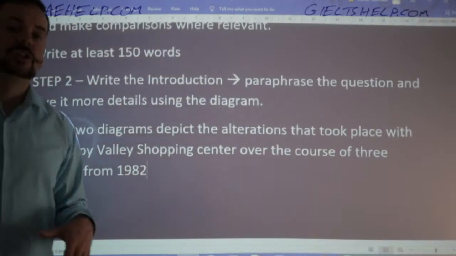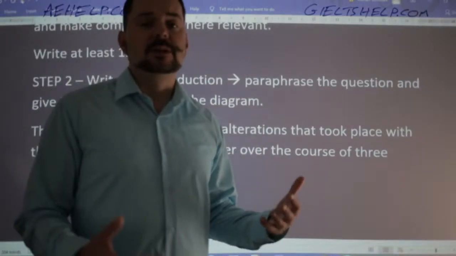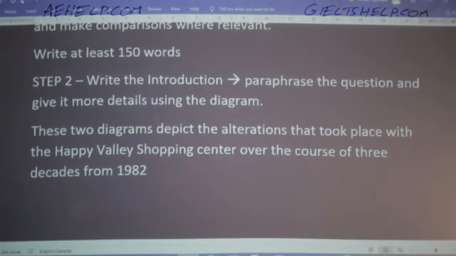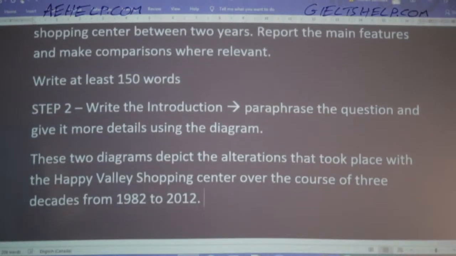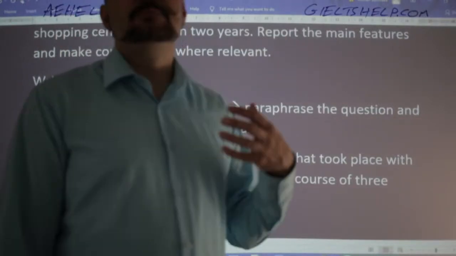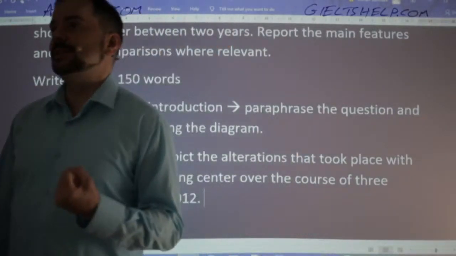Maybe they changed everything all at once. Maybe it was a progressive change. But anyway, that's what happened over the course of the 3 decades from 1982 to 2012. Okay. All right, so now I've taken the information from these diagrams and given just a lot more detail to that paraphrase. So it is a paraphrase, but it's a paraphrase with a lot more detail.